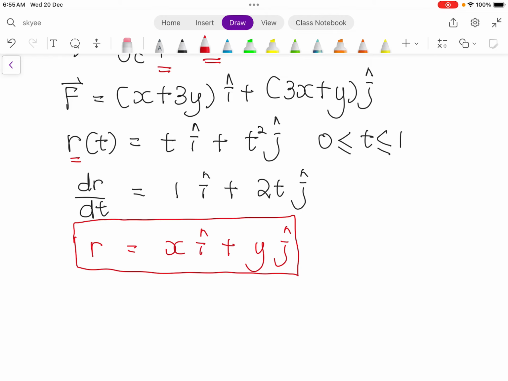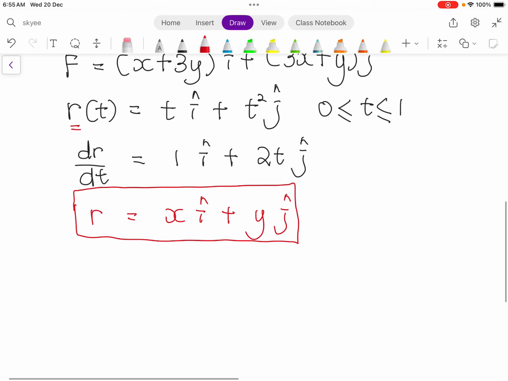The purpose of having this is to find the relationship between x, y and t. Now you can do a comparison between these two r.